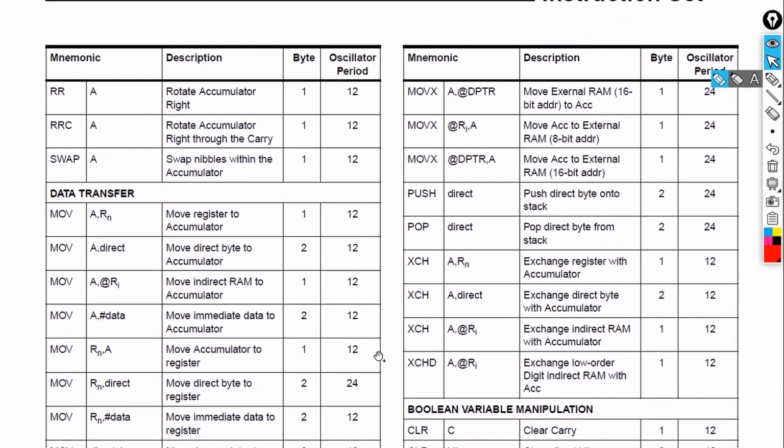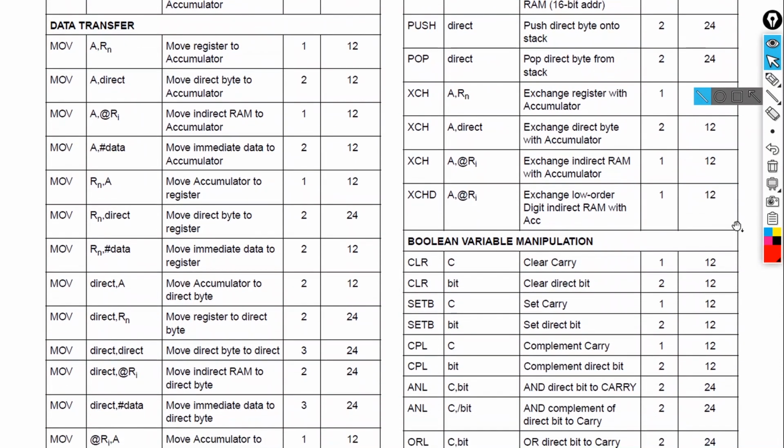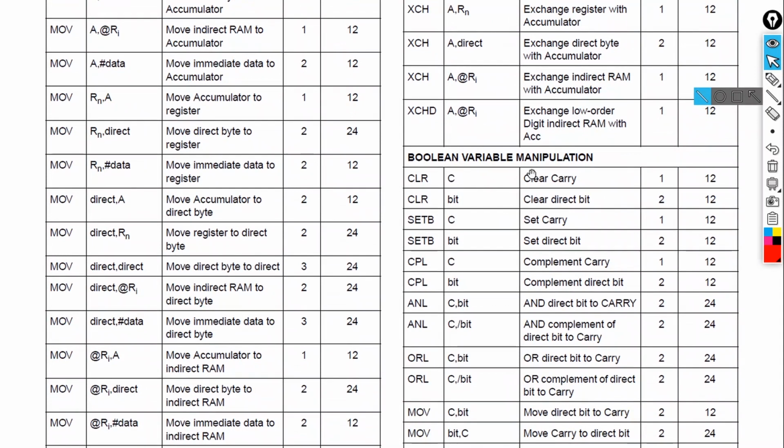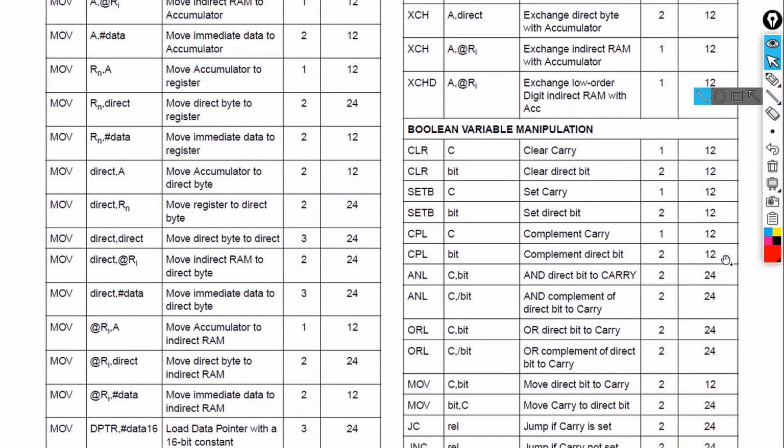If you want to perform an external data operation, moving data to any external memory, then the total number of machine cycles is 2, since our oscillator period is 24. And for boolean expressions, again it is one machine cycle.